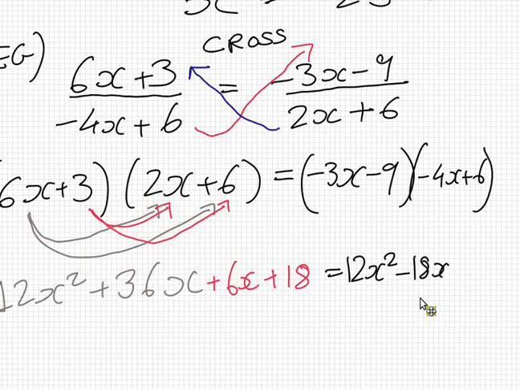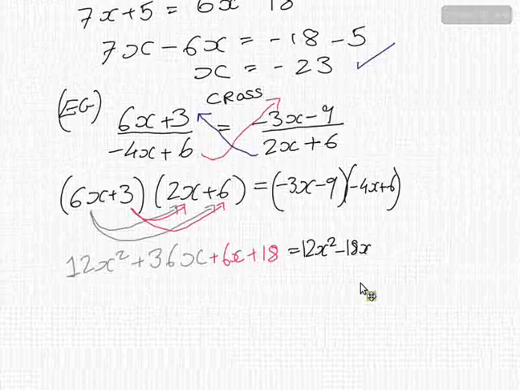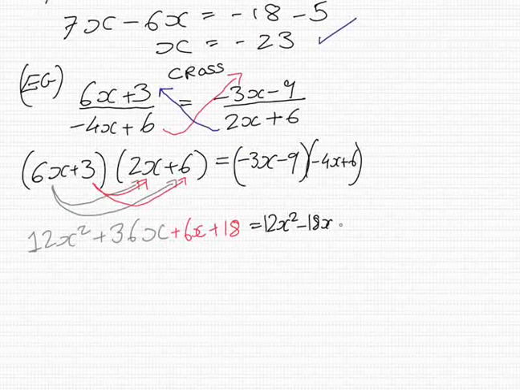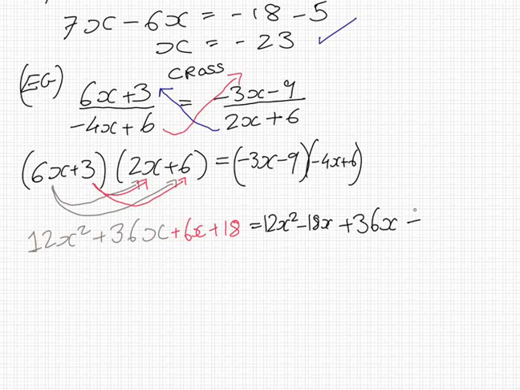I need to go a bit over here. Actually, zoom out. Where was I? Minus 9 and minus 4 multiplied, so that's plus, with an x, plus 36x, minus 9 and 6, 54. Like that. Can you see that okay? Yeah.